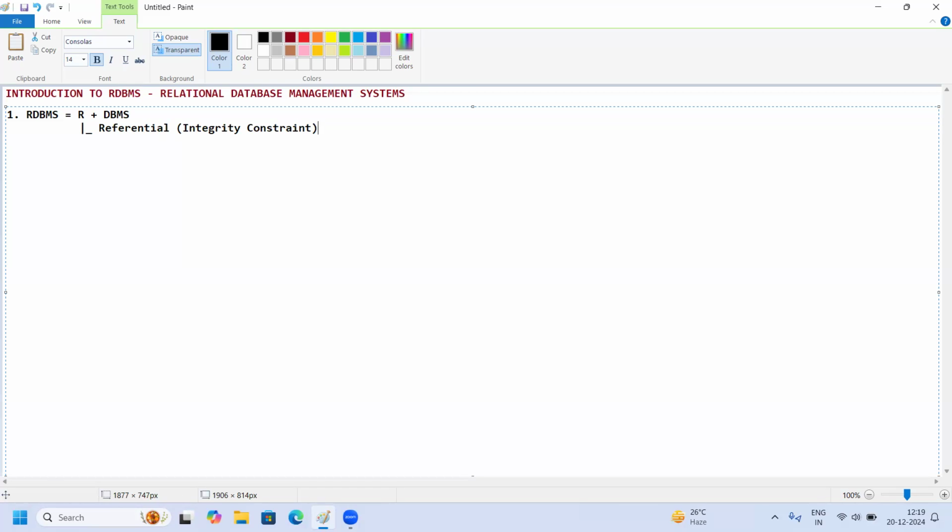In the coming classes, we are going to learn about constraints. In that I'll explain what is called domain integrity constraint, what is called entity integrity constraint, and then we will learn what is called referential integrity constraint.